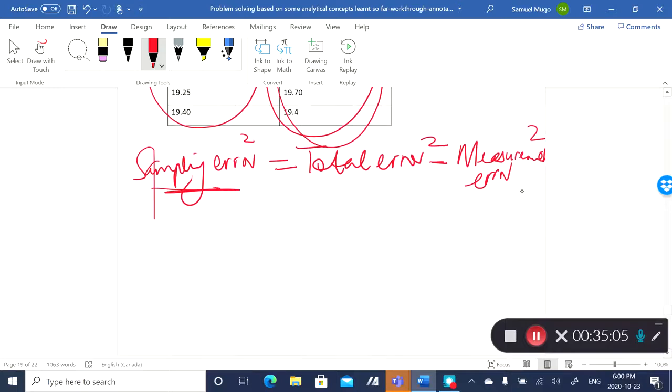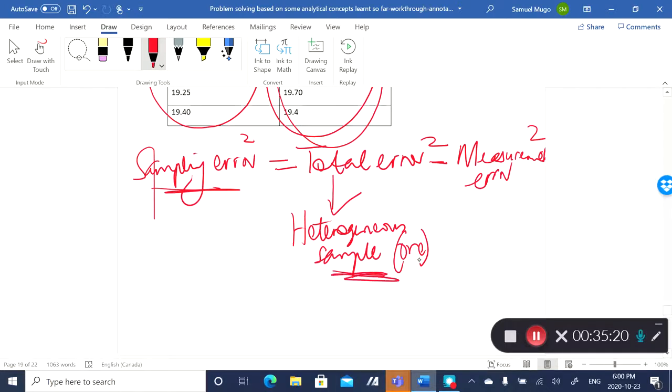Now we know that this one is obtained from a heterogeneous sample. In this case, the mining, it's a real sample, whereas this one I just did in the lab. I took a pure standard of iron, so this one is obtained from a pure standard.